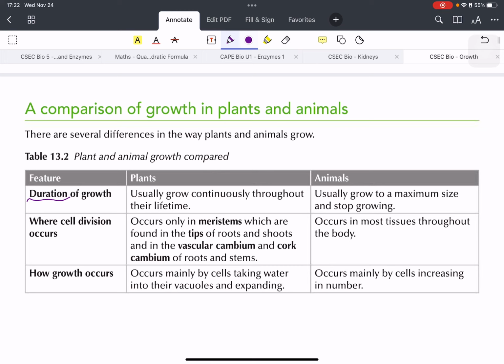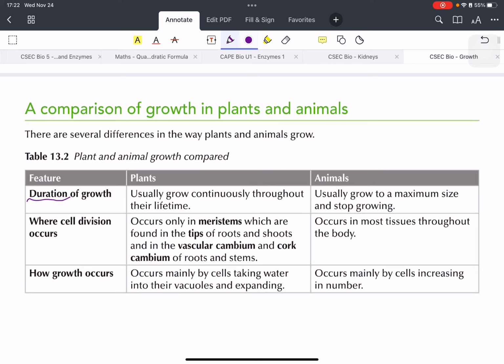No matter how big and tall a tree gets, if it stops growing vertically, it will start to branch off wider and wider. So we say that growth is continuous throughout their lifetime. In animals, obviously, we will grow to a certain size, and then we will stop growing. Now you might become fatter, but that is not growth, okay?